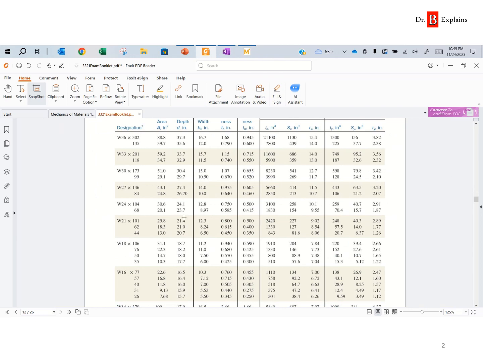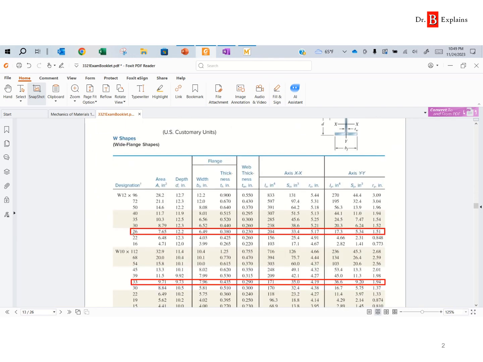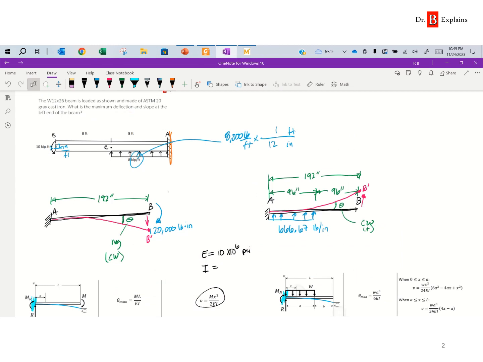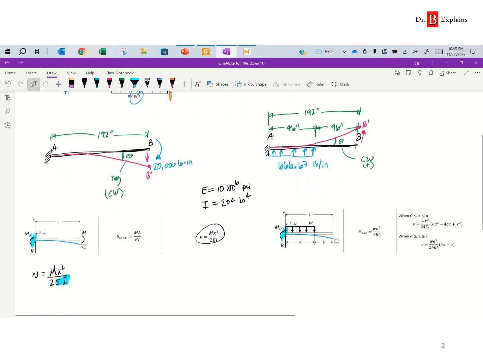There we go, the I beam. We're looking for a 12 by 26, which I've highlighted over here. The moment of inertia about the neutral axis XX is 204, with units of inches to the 4th power. So we can write over here 204 inches to the 4th power.